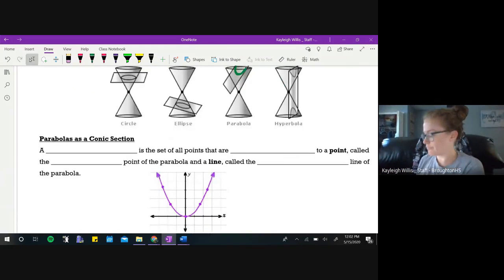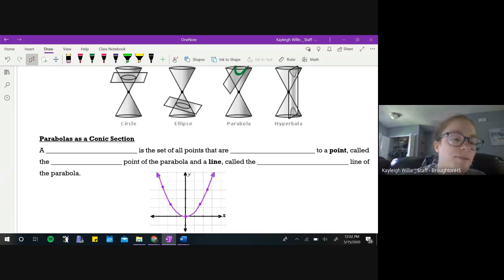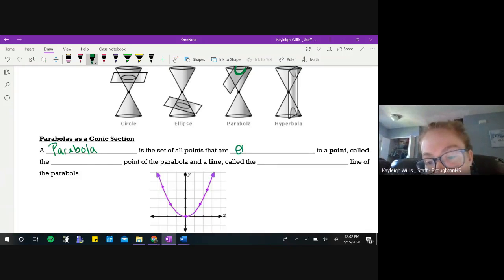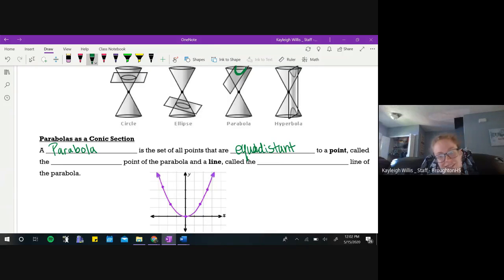So to keep going with this, parabolas as a conic section. A parabola is a set of all points that are equidistant, one word, it's a weird word.